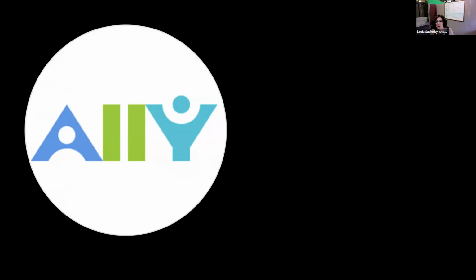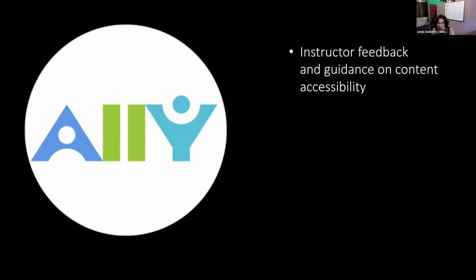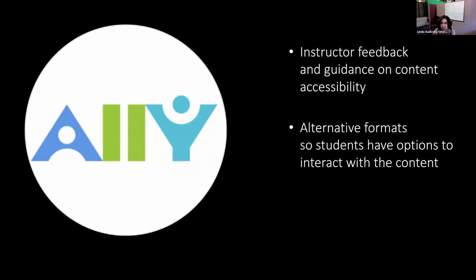I already gave you a crash course on Ally, but just to give you an overview, it provides instructor feedback and guidance on content accessibility, and alternative formats, so students have options and can interact with the content. There's a little A next to any content that you add in Blackboard, like a file attached to an item.